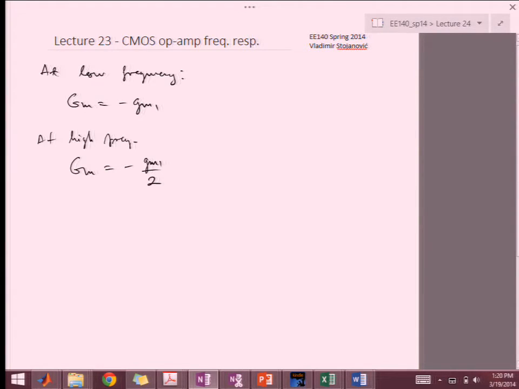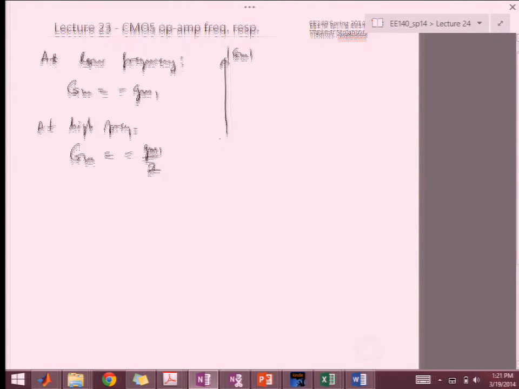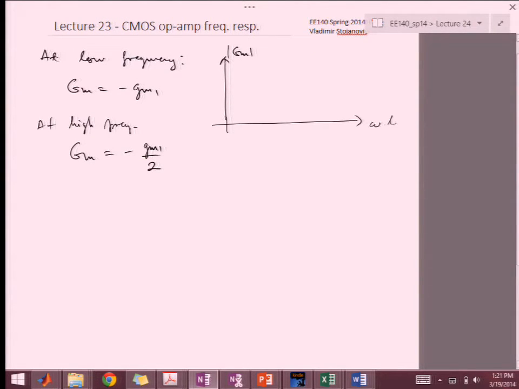Okay. And if we look at the frequency characteristics of GM versus omega on a log scale, that means that there is a pole at 1, and then a zero at 1. And then what happens is you're at GM1 here, and then you start dropping at the pole, but very quickly the zero flattens it at GM1 over 2.